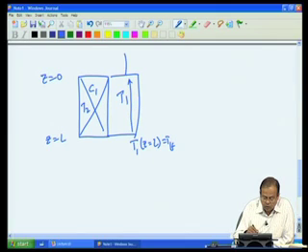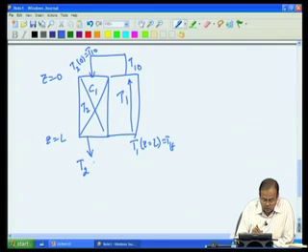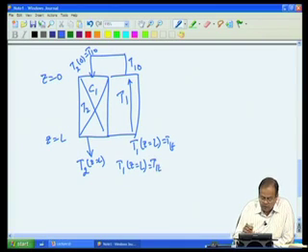So, this was flowing like this. So, here the temperature is T10 and T2 at 0 is also T10. By doing this, by my iterative procedure, I will get T2 at Z equal to L, T1 at Z equal to L, and let us call this T1L. This is what we ultimately want.